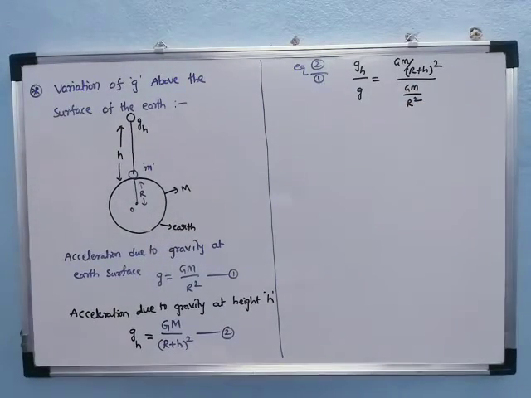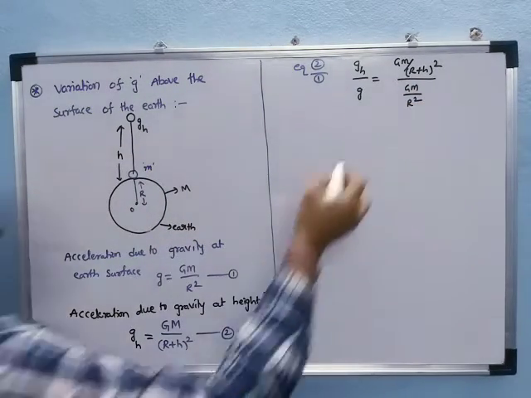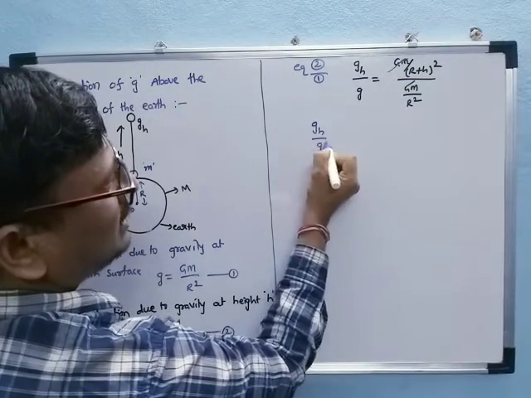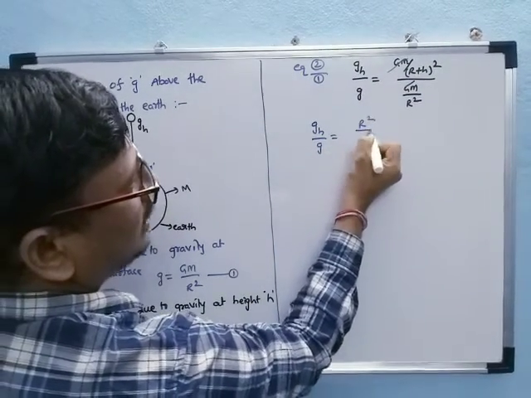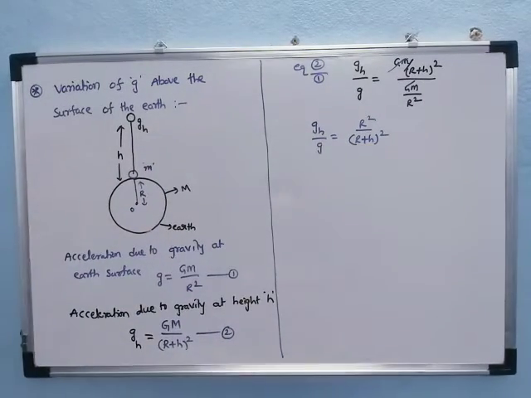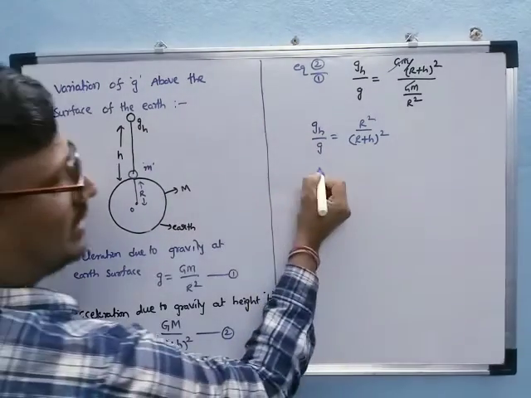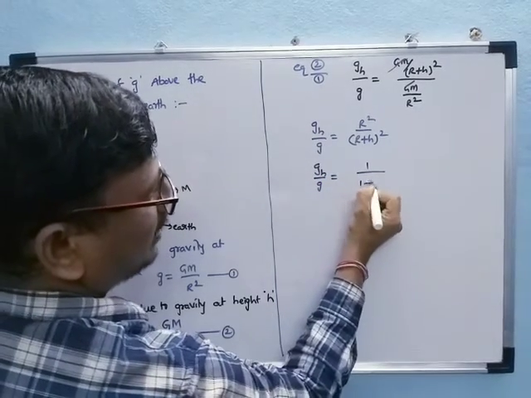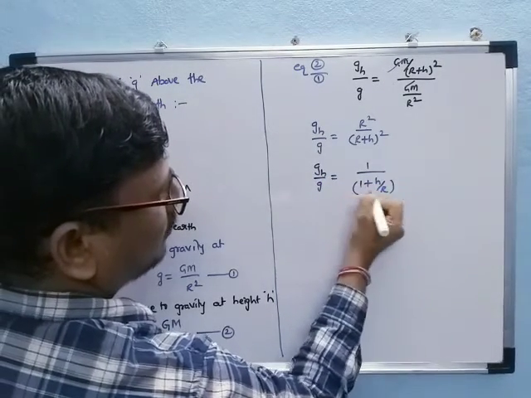Then after cancelling, finally we get gh by g is equal to R square by R plus h whole square. Dividing by R, we get gh by g is equal to 1 by 1 plus h by R whole square.